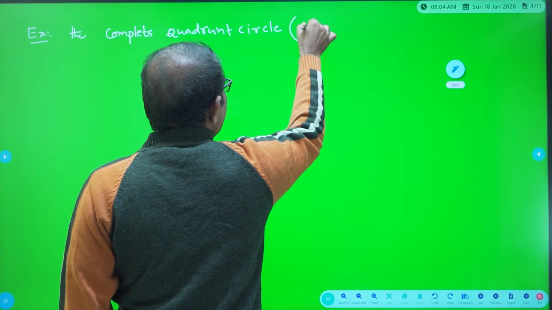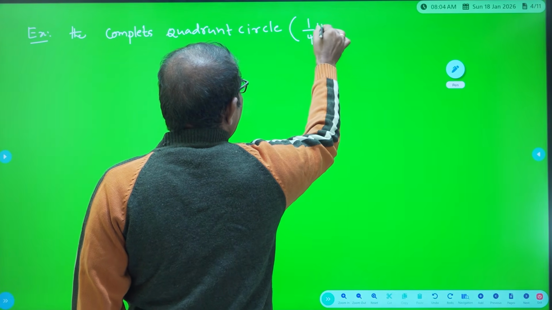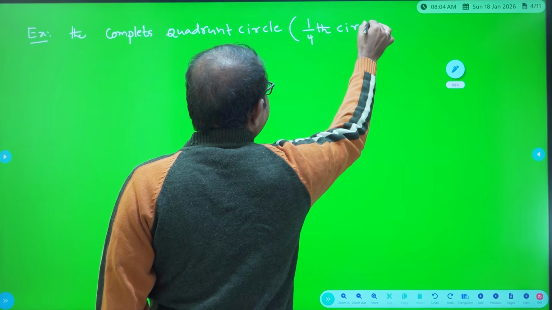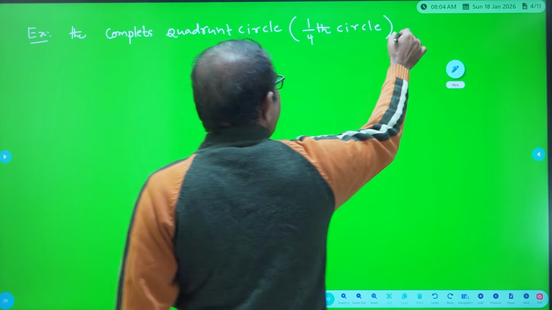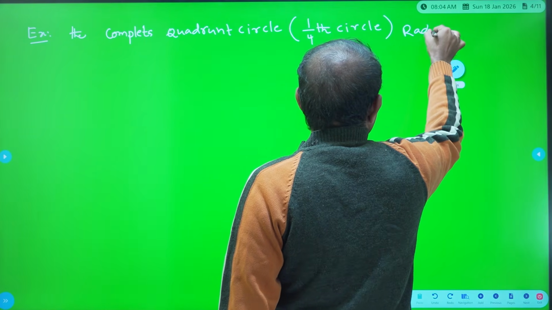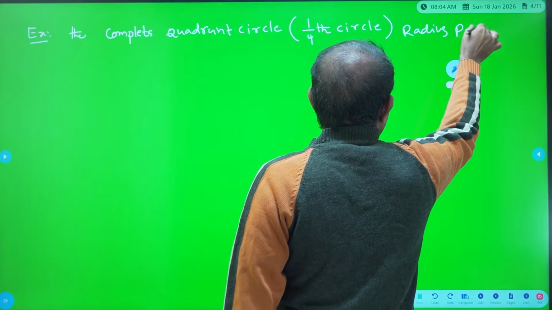That is a quarter circle. Quadrant means a quarter circle, with radius r.